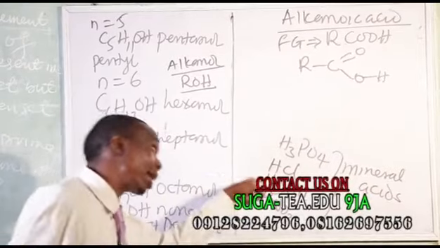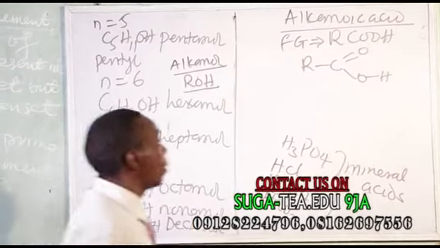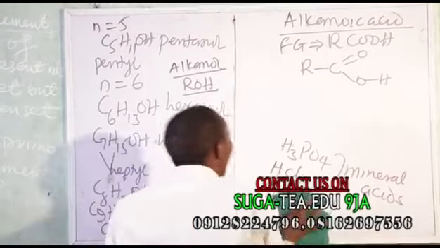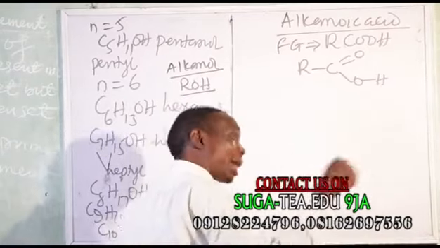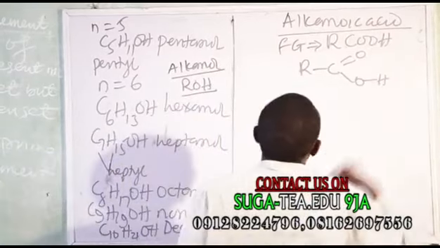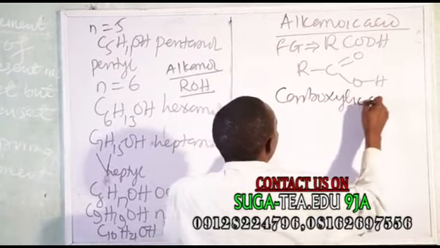We call them inorganic acids. Remember we have spoken about them in one of our lessons. But here is organic acid, acid you get from plants and animals. They are alkanoic acids. They are the carboxylic acids.